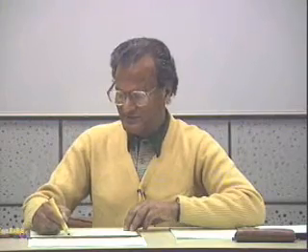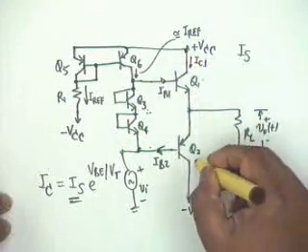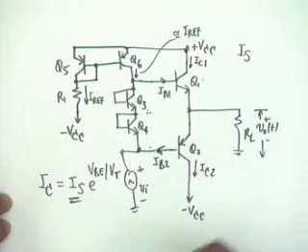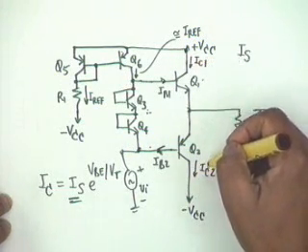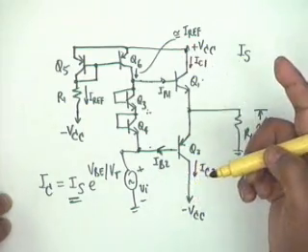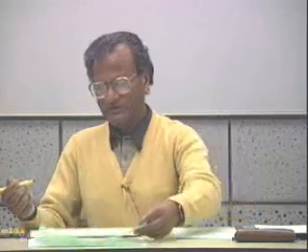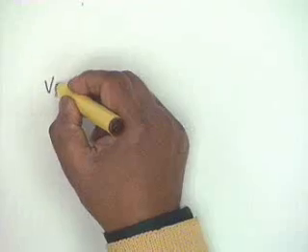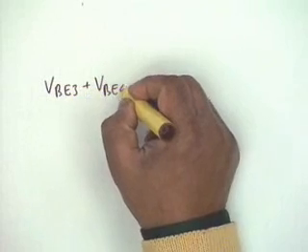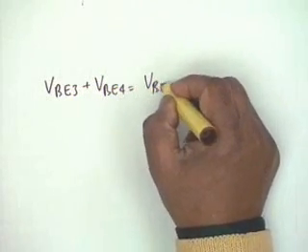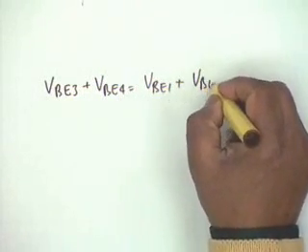Then we shall be able to determine I sub C1 and I sub C2, the quiescent values, because I sub C1 and I sub C2 are determined by VBE1 and VBE2. Okay, so the simple equation is that VBE3 plus VBE4 is equal to VBE1 plus VBE2.